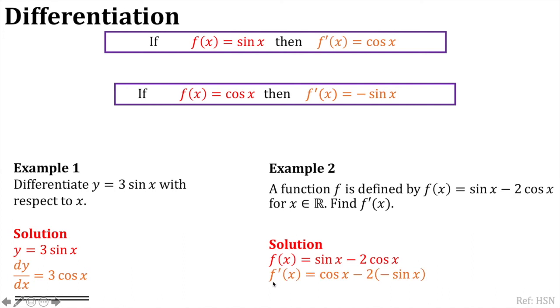So in the first instance, f dashed of x is equal to cos x minus 2 multiplied by negative sin x. Now, obviously here we can simplify this expression. This negative 2 multiplied by negative sin x will give us positive 2 sin x. So f dashed of x is equal to cos x plus 2 sin x. And that is our final answer.